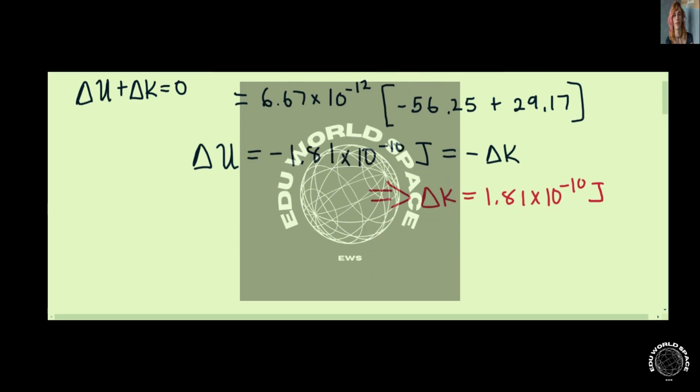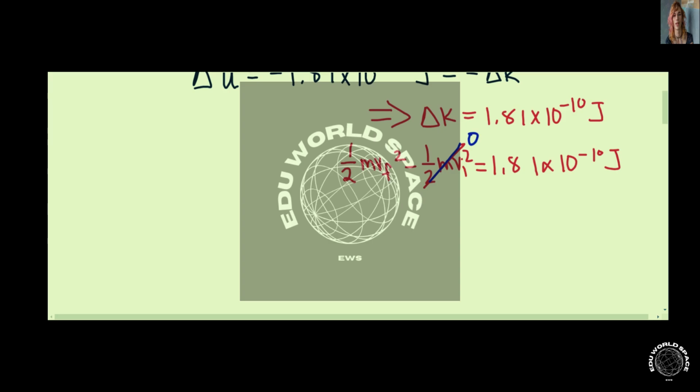We can use this to get the final speed. Delta K is going to be 1/2 m vf squared minus 1/2 m vi squared. But we know that this mass starts from rest, so this term is going to be 0 because the initial velocity is 0. And so we can isolate for vf by multiplying by 2 and dividing by the mass, which is 0.1.